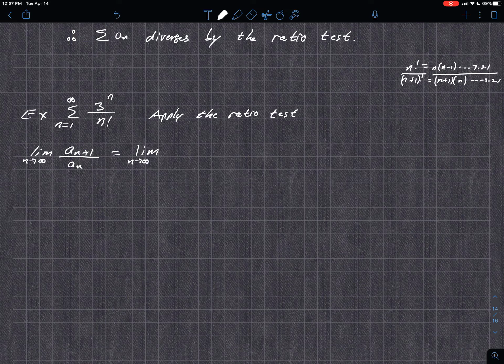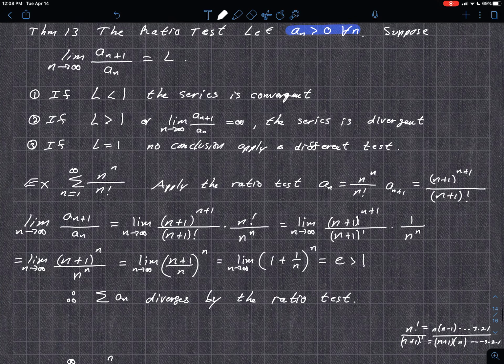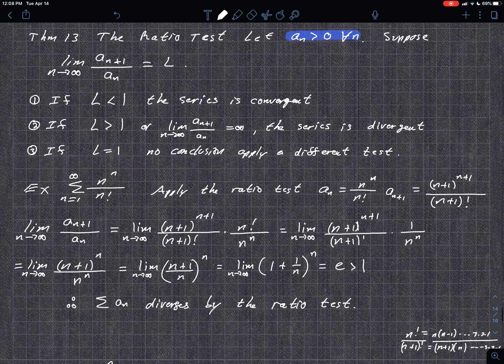If you do that limit and that simplification, you'll get 3 to the n plus 1 over n plus 1 factorial, times n factorial over 3 to the n. And you simplify that. So you get 3 over n plus 1. If you reduce all that, the limit is equal to 0.